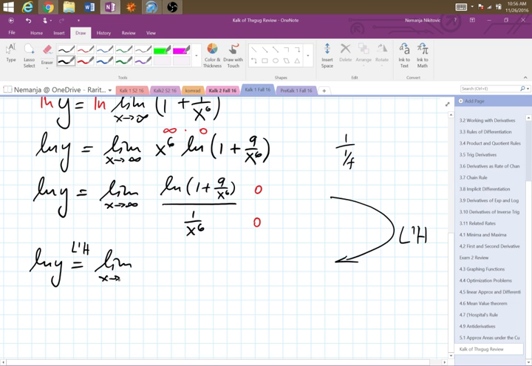We take derivatives of numerator and denominator independently. So the denominator is going to be negative 6 over x to the 7th power. And the numerator is going to have 1 plus 9 over x to the 6, and its derivative on top, which is 9 times negative 6 over x to the 7.